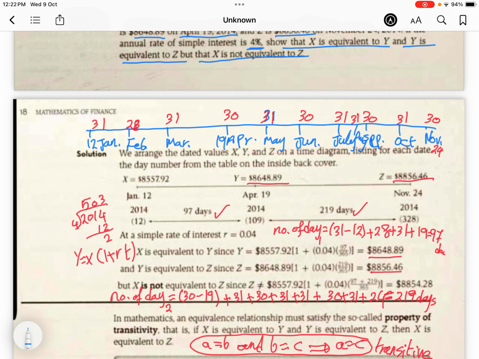Here we will have from 12 January till 19 of April. We will calculate the number of days. 31 minus 12 since January is 31, plus 28 plus 31 plus 19. You will have 97 days.